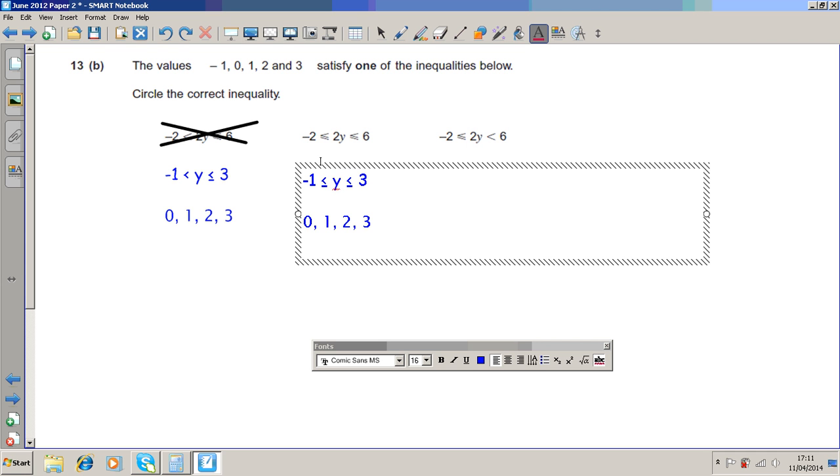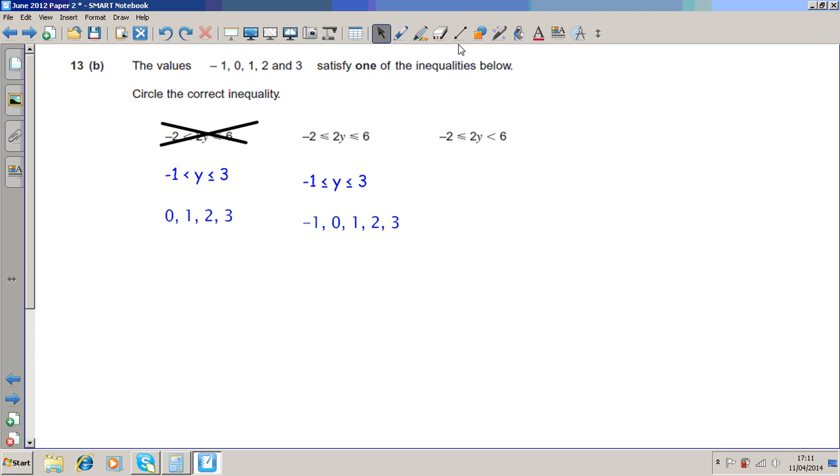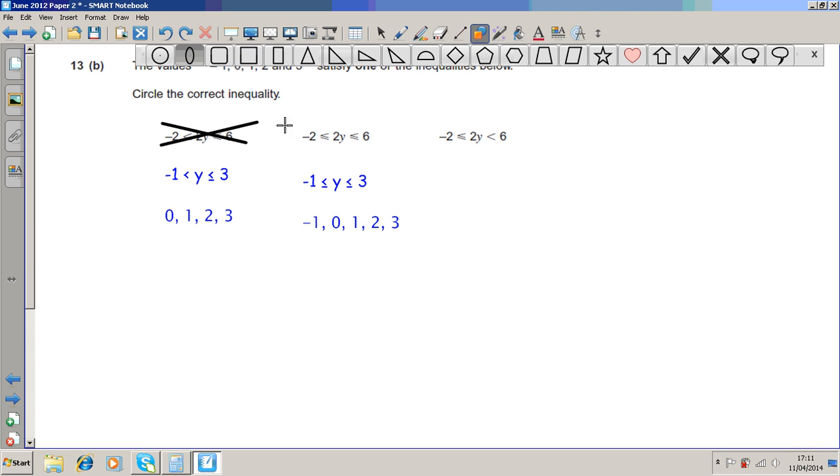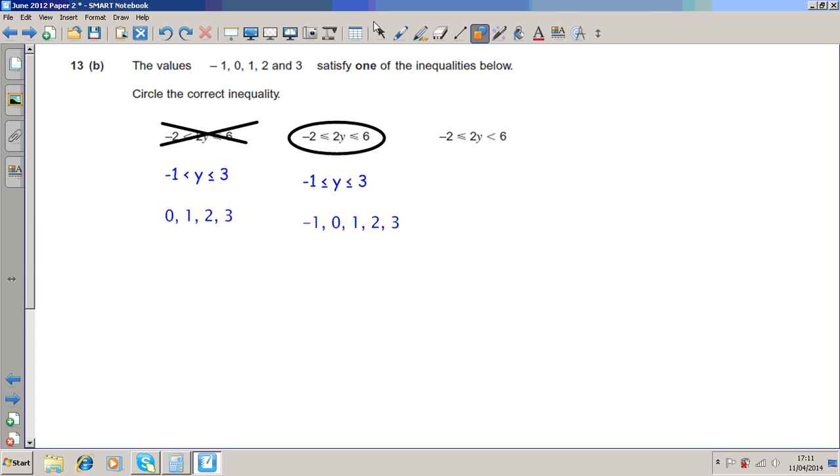Okay, so divide by 2, you get minus 1 less than or equal to y, less than or equal to 3. Now this could include minus 1 in our answer, so it's minus 1, 0, 1, 2 and 3. Yay, we've got ourselves a winner. That's your 1, because that's the same numbers.